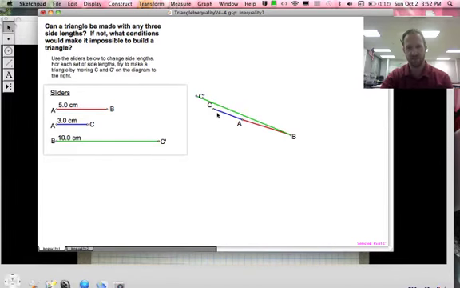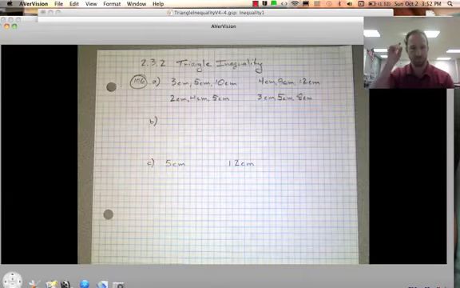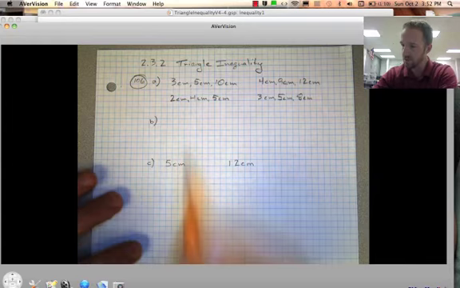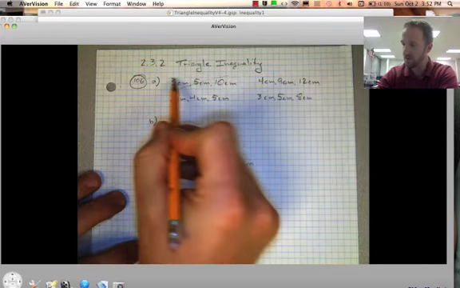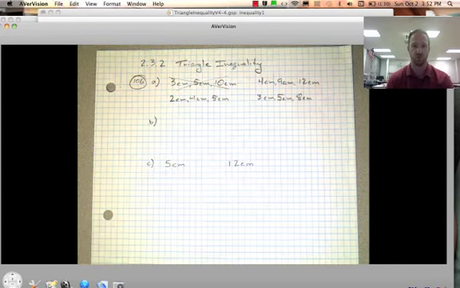These two shorter ones, 3 and 5, just together aren't long enough to get to the other end of that 10 centimeter side. Those smaller two aren't big enough. So the 3, the 5, and the 10 don't work.